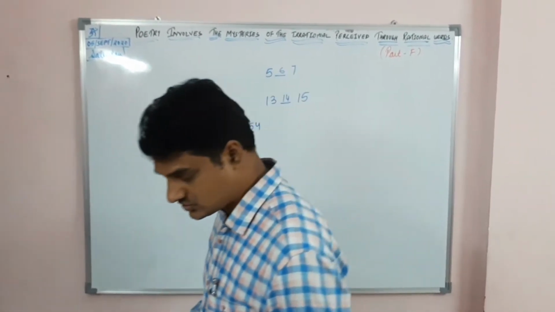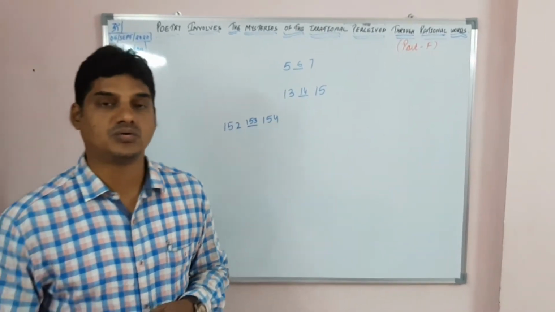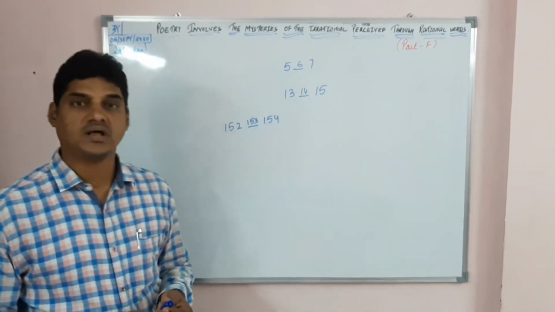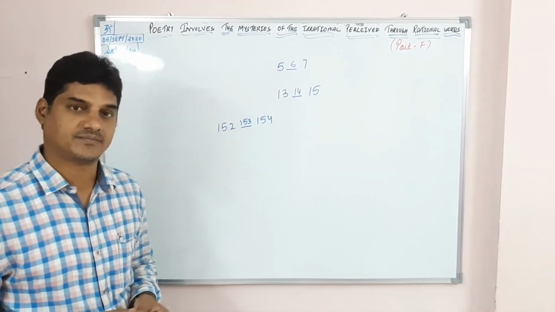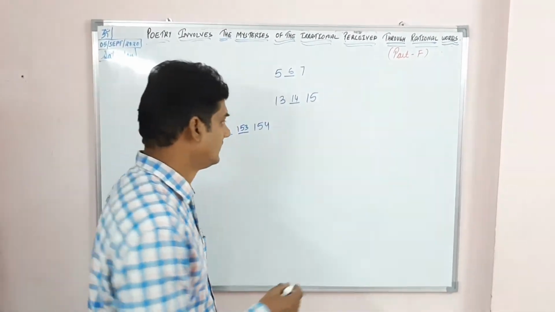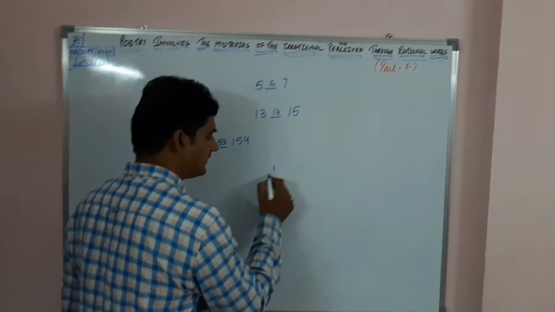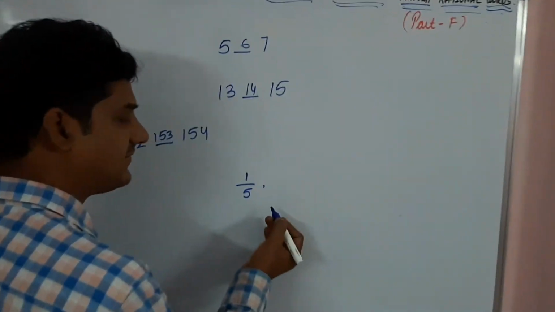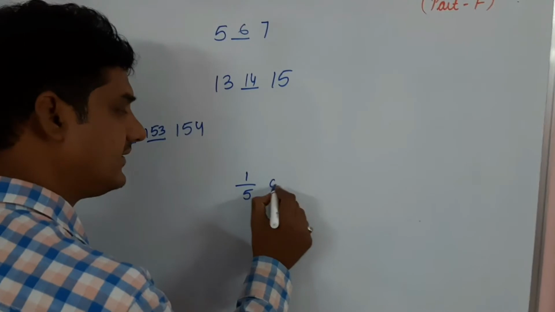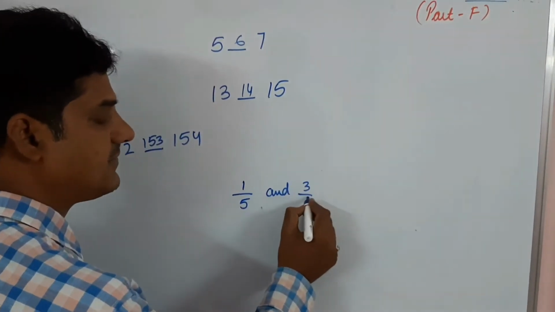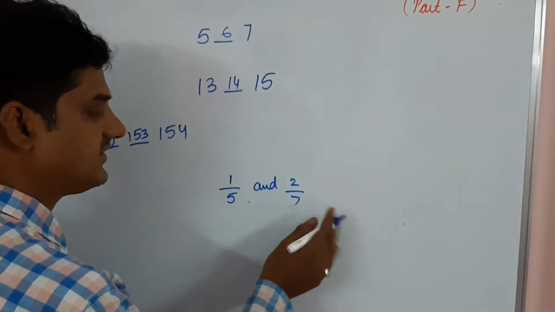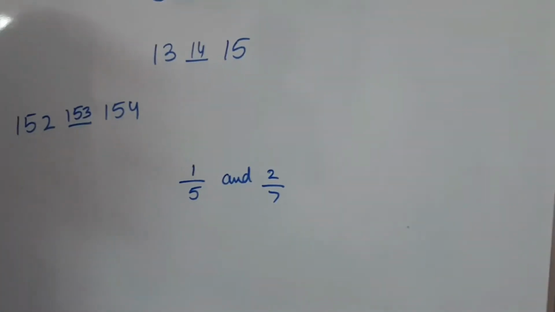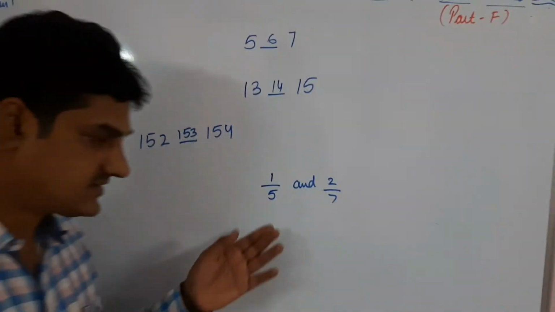Now, students, we are going to learn about the numbers which lie in between two rational numbers. Suppose you got 1 by 5 and 2 by 7. These are the two rational numbers given.